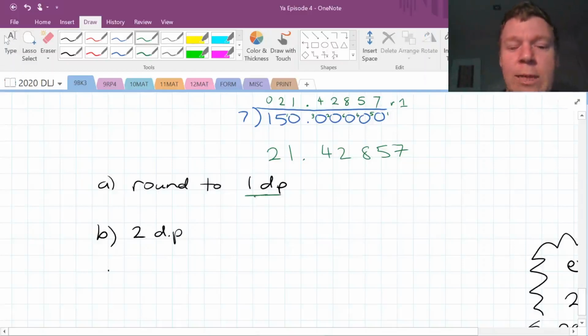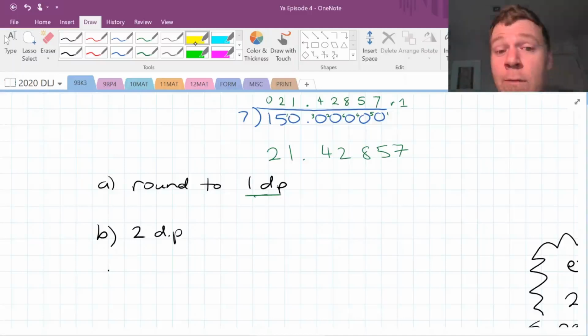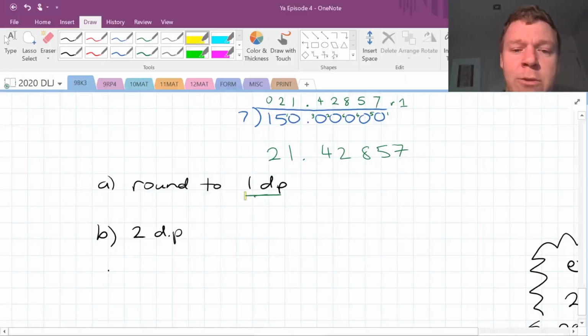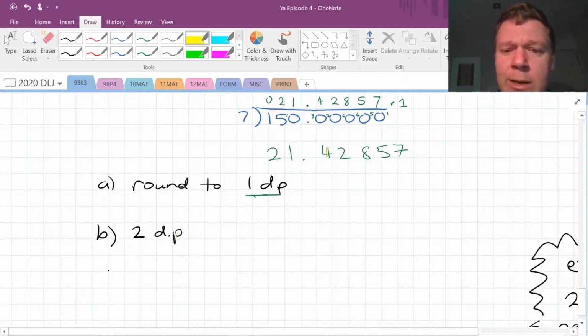Rounding to 1 decimal place. Quite often you guys will have to round your answers to get it completely correct. So it'll say round to 1 dp or 2 dp or 3 dp. dp means decimal places, right? So if we're rounding to 1 dp, we want to look at the first decimal place.